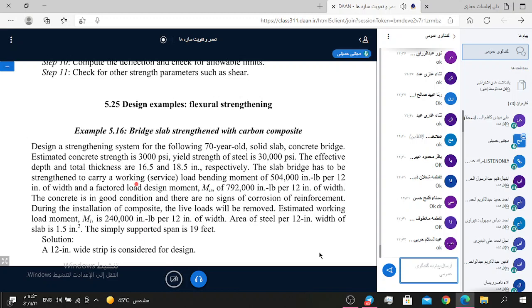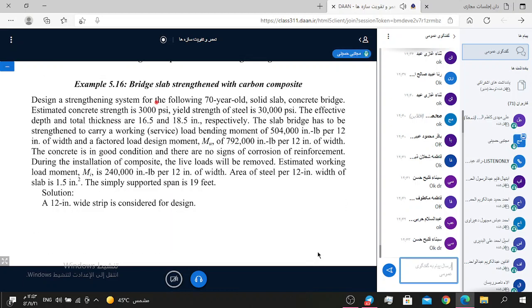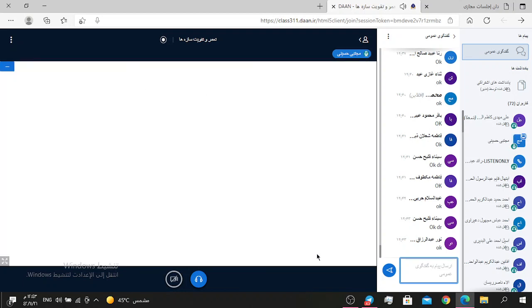strengthened with carbon composite, and in here you have all the geometry and the properties for material: concrete, steel, and composite material. Okay, and we can solve this example, referring to the 11 steps.